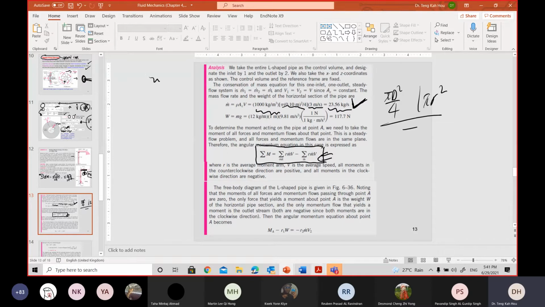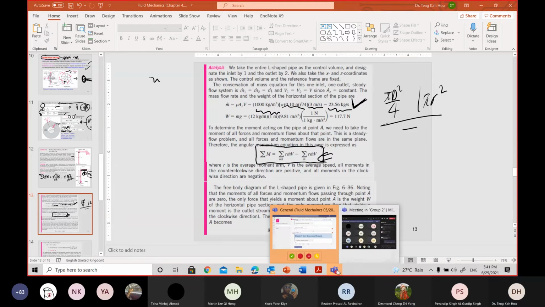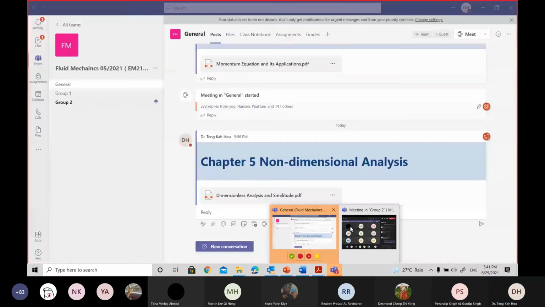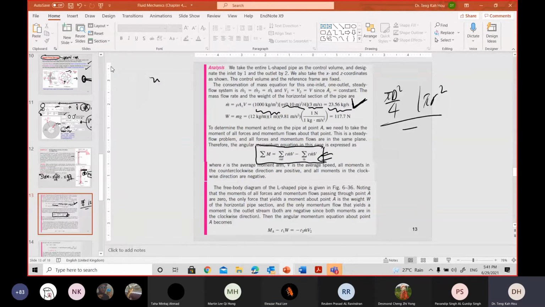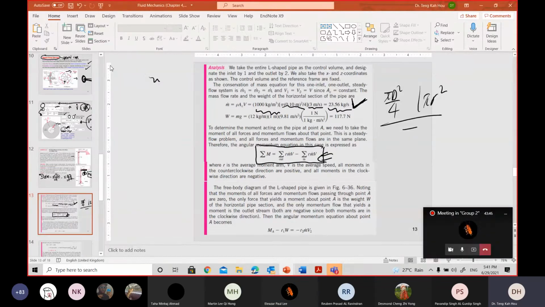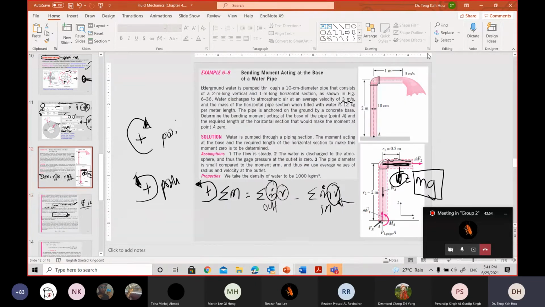So it's all right for this case? Yes. Okay, so after that, you know that W equals mg, right? But in this case, it's given in the question, let me go back to the questions.